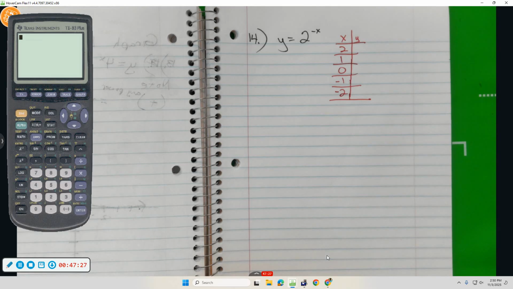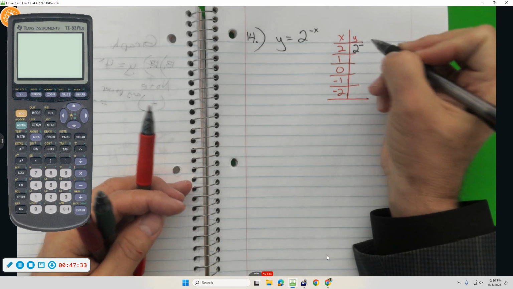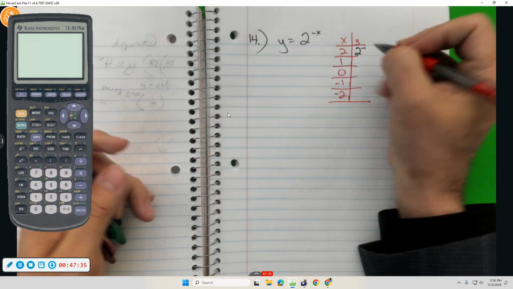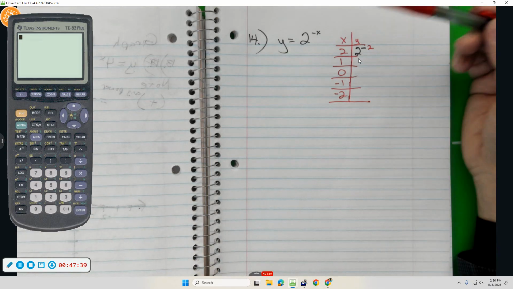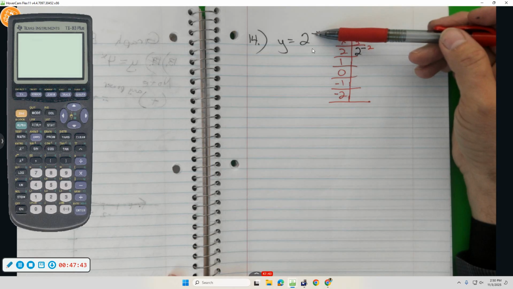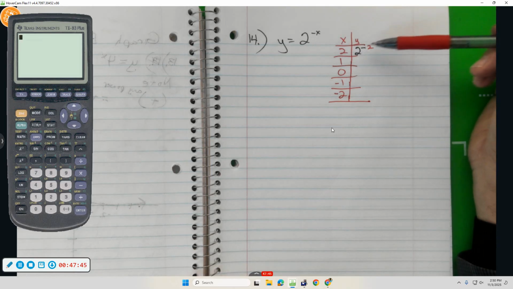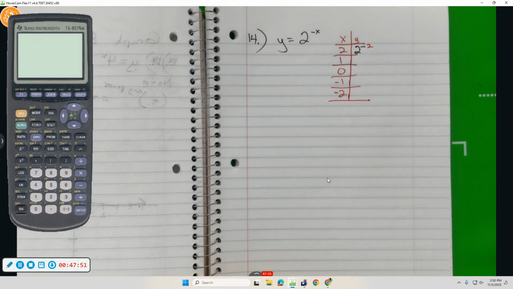We're going to plug in the 2 first. So we're going to have 2 to the negative 2. We're plugging a 2 into that x there. We have a negative in front of it, so we're evaluating 2 to the negative 2. Don't say negative 4.